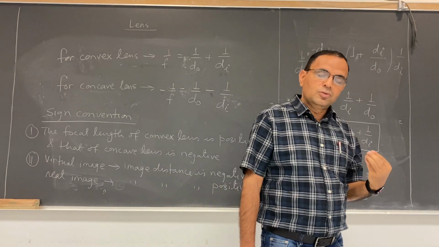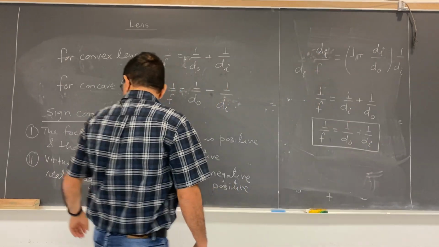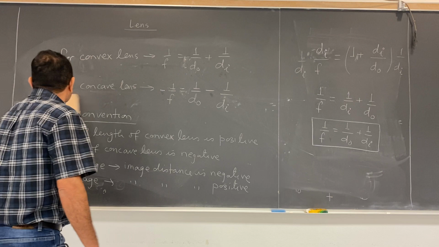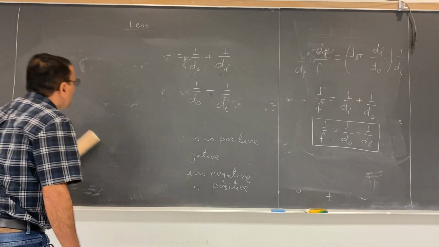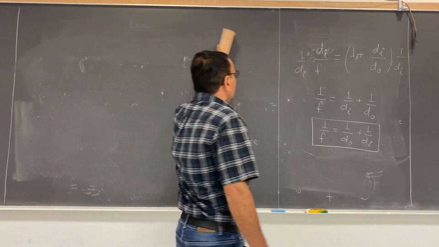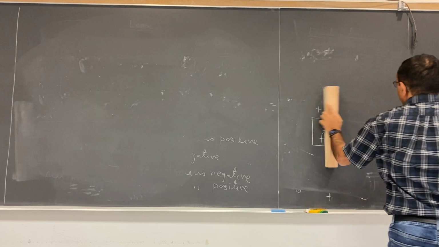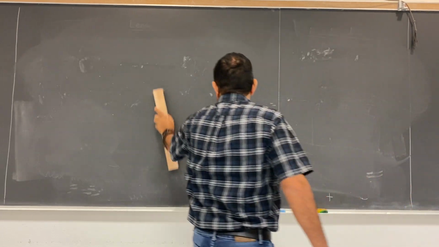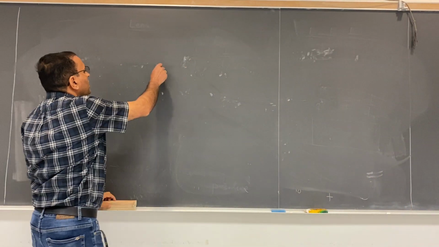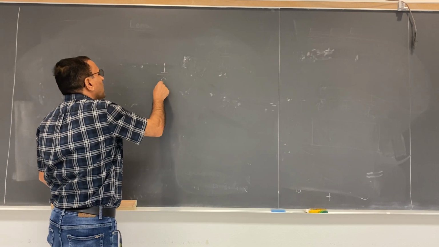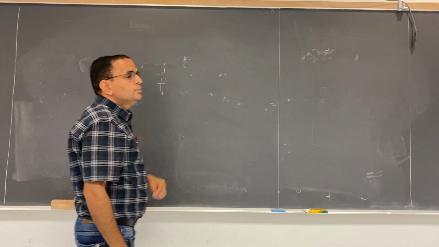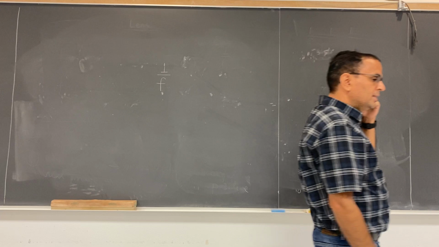Okay, so this is the thin lens formula. Here we call f the focal length of the lens. If you take 1 over f, the reciprocal of the focal length, anybody know what that is?